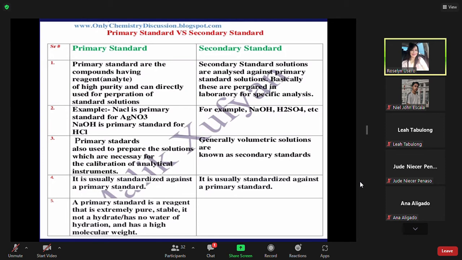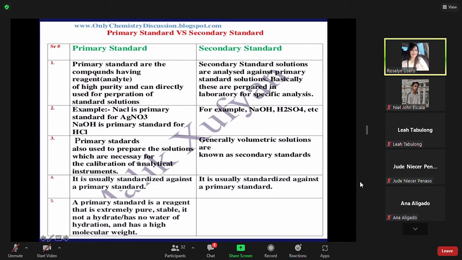So in the analysis of phosphate in water, your primary standard should pass the requirements of a primary standard and should have phosphate in its chemical composition. One example is potassium dihydrogen phosphate. It has phosphate, it has phosphorus, right?